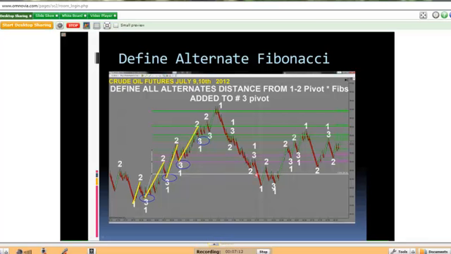And really, every Fibonacci projection is just a projection. When you look at them, you don't know for certain, at least initially, whether the 100% is going to hold, or the 1.618, or the 2.618, or any of these together.